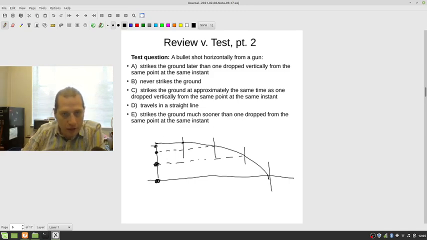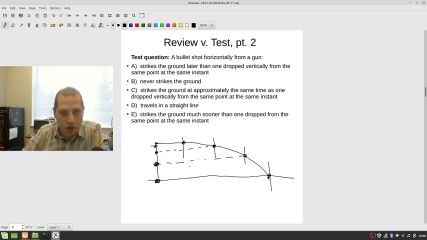However, in the y direction, unless you give it some initial velocity, these two balls, the one that's just dropped and the one that is shot out of a gun really fast, their position above the ground is going to go in lockstep.